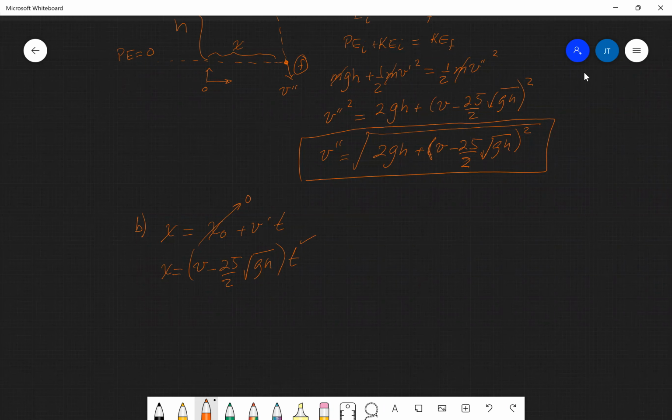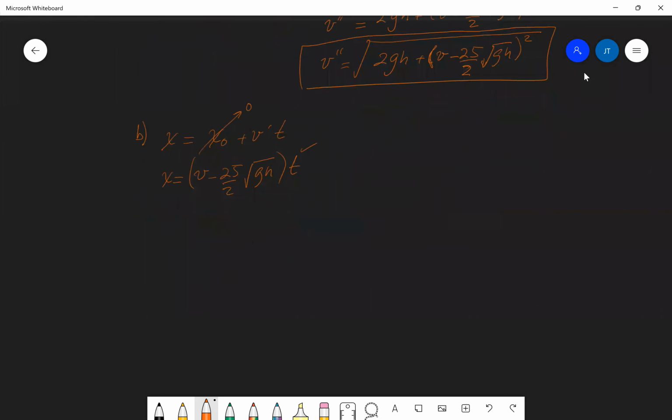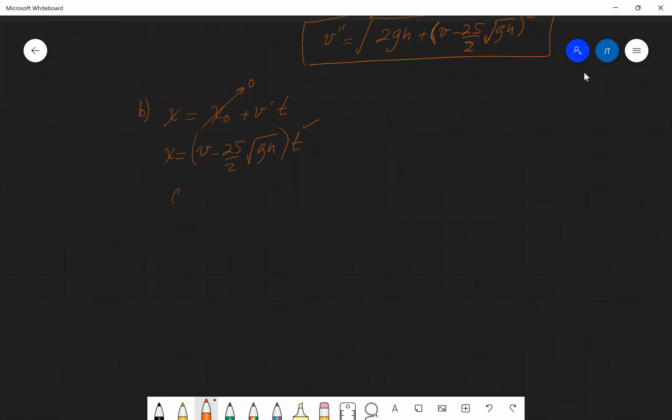We need to find t. And just like with any projectile motion, 2D motion, the motion in the y and the motion in the x are connected by time. So let's see if we can get time from the y motion. Let's see what's going on in the y motion.